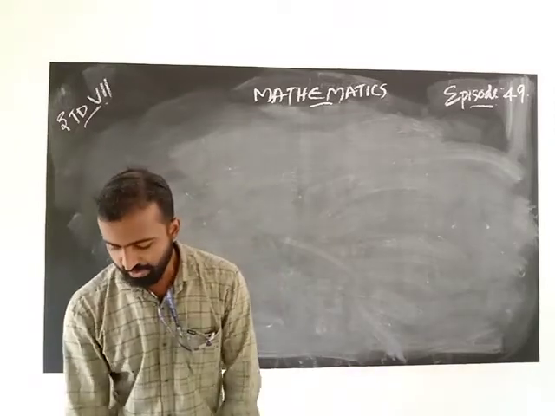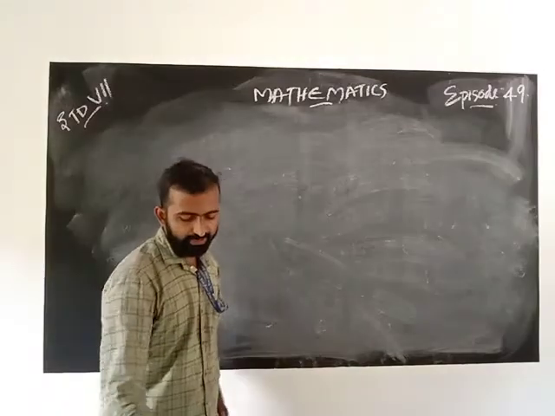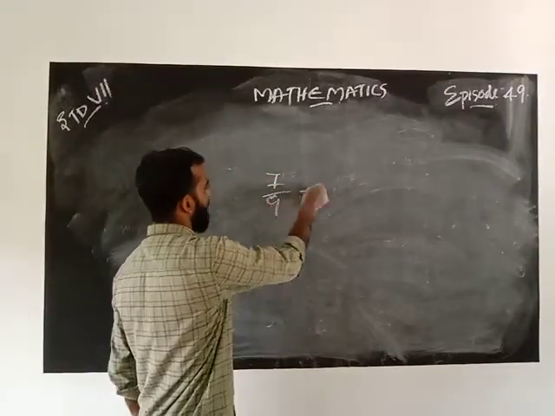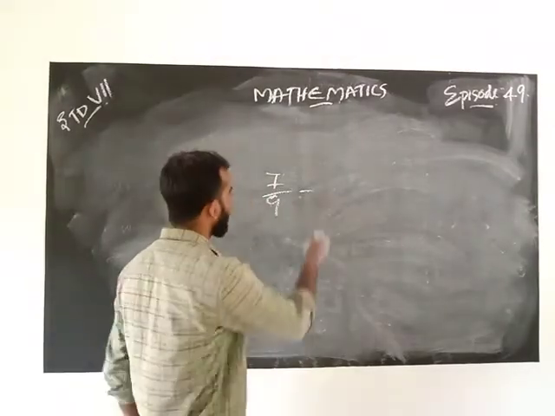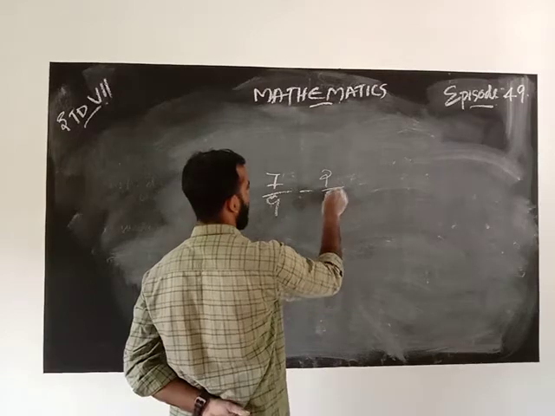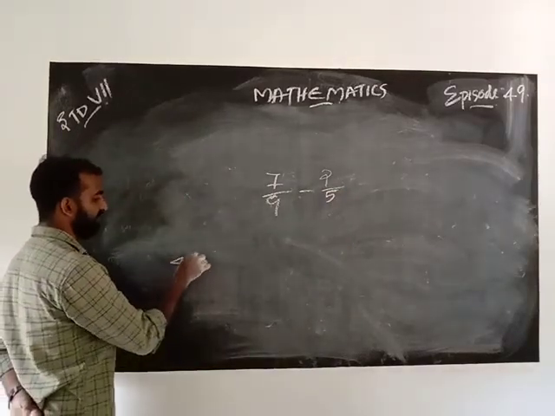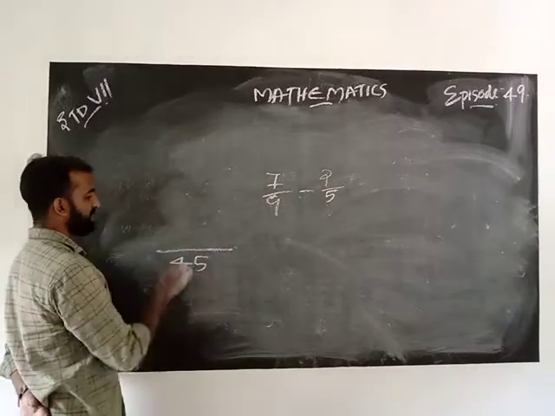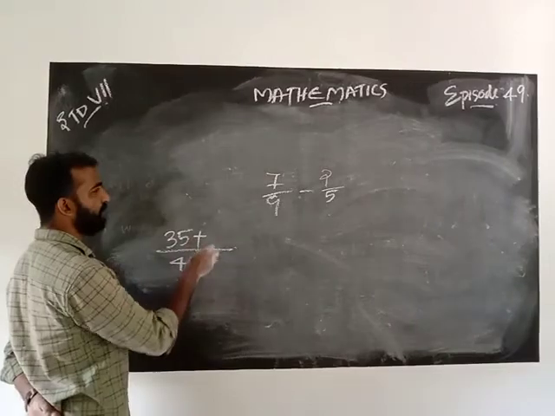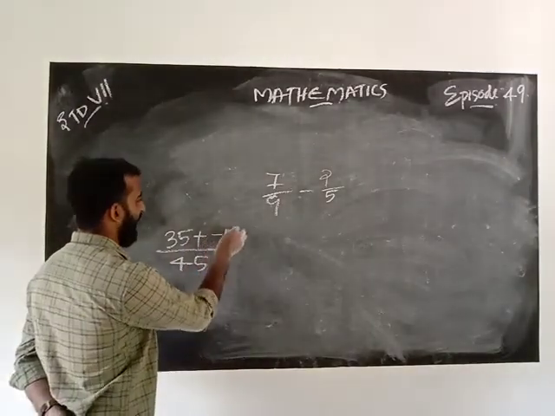We take the LCM as 45. Then 7 into 5 we get 35, plus negative 2 into 9 we get 18.